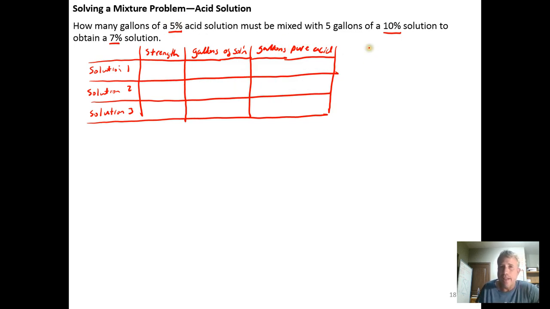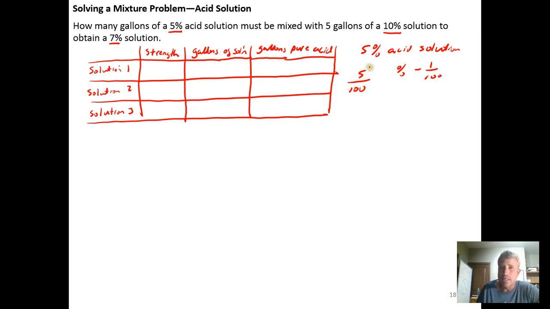And this gallons of pure acid, here's the idea. Let's say you have a 5% acid solution. What we need to think about is what does 5% mean? And 5%, remember the percent symbol means out of 100. So this is really 5/100.